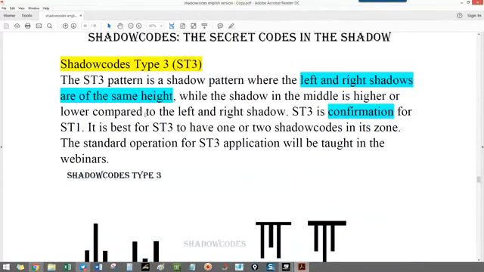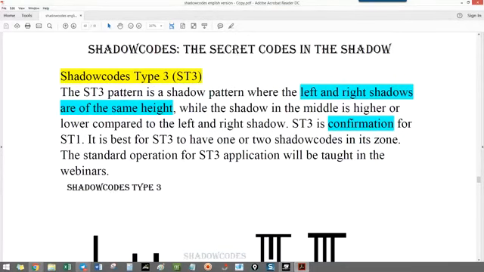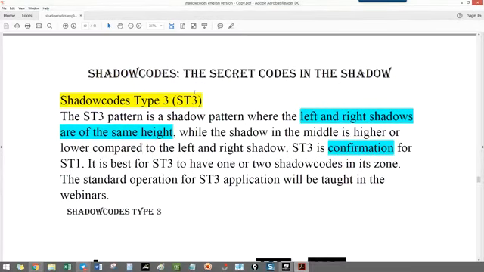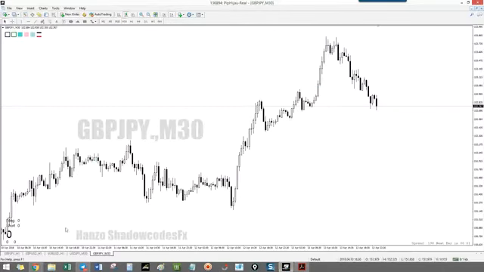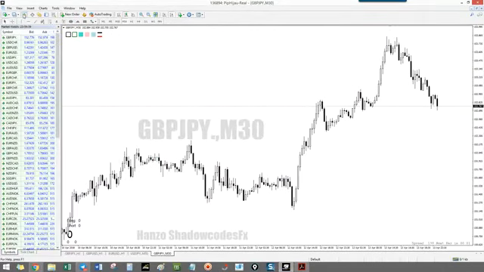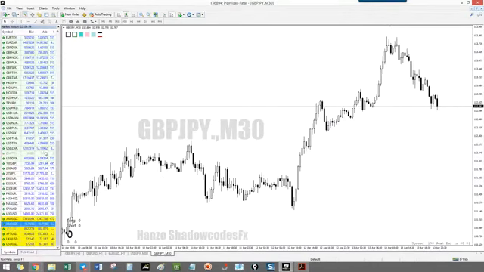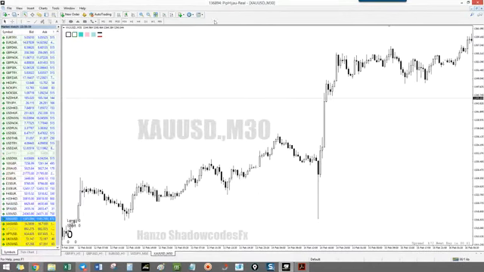Okay, so Shadowcode Type 3, or the ST3 pattern, is a shadow pattern. A moment. I think previously I did give a signal on gold USD.